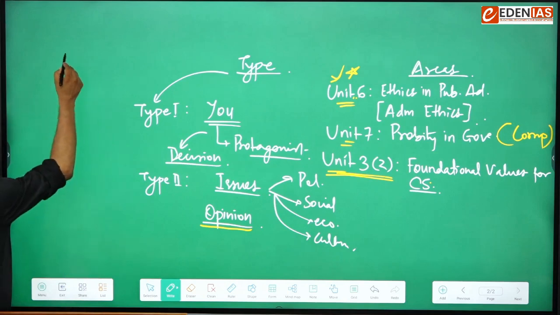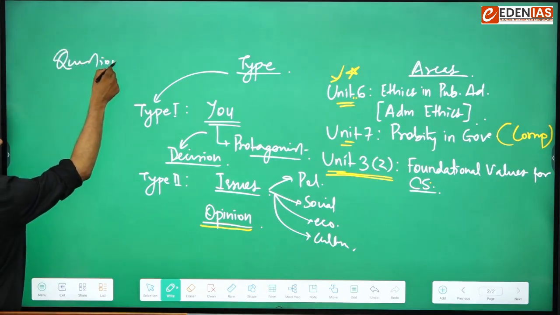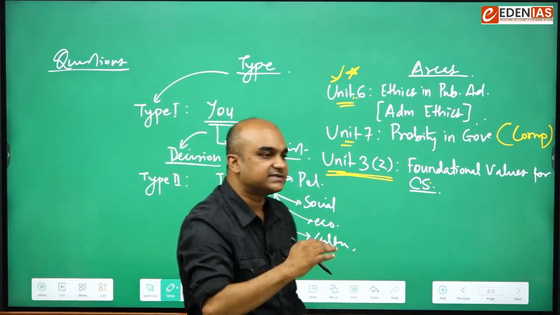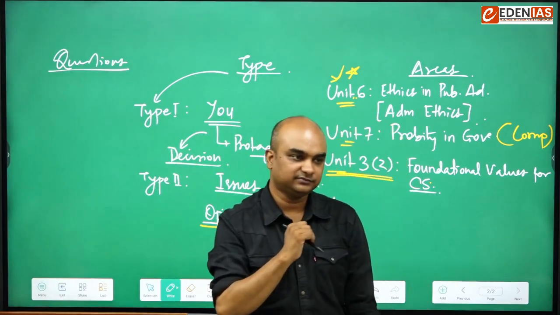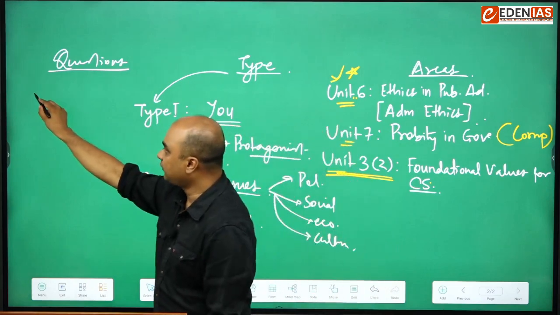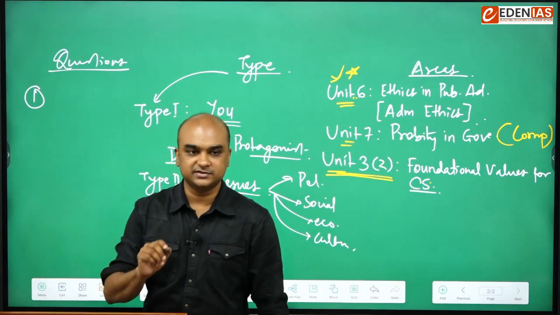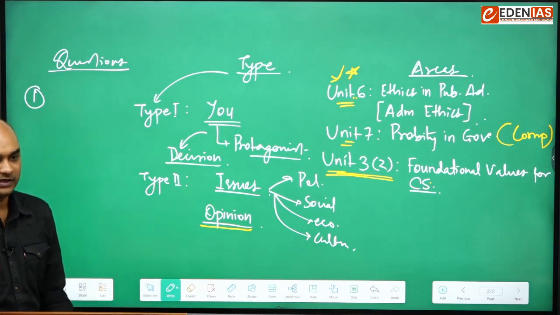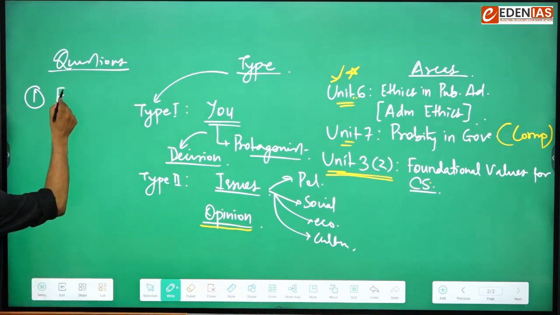Now, when we look at the questions that are asked in case studies, you'll again see there is some variety. First type of questions are those where options are already given in front of you and you have to evaluate the option.